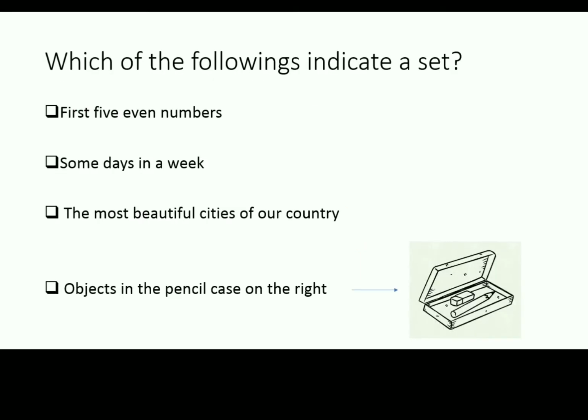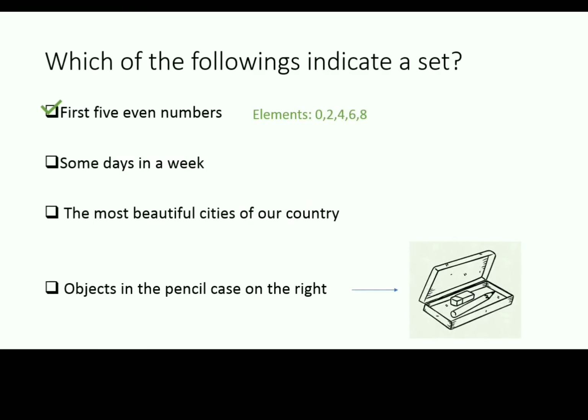Let's answer these questions. Which of the following indicate a set? First 5 even numbers. What are its elements? Exactly 0, 2, 4, 6, and 8. Elements are well-defined and so indicate a set.